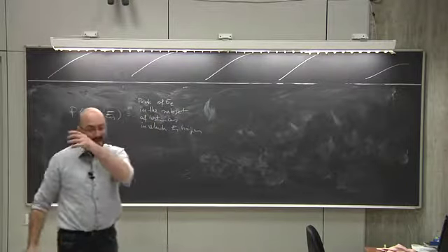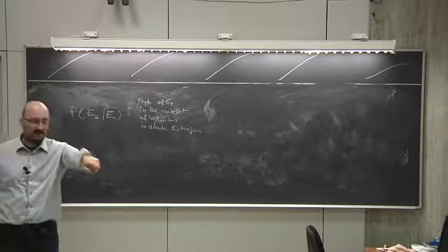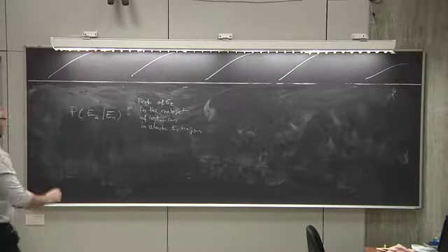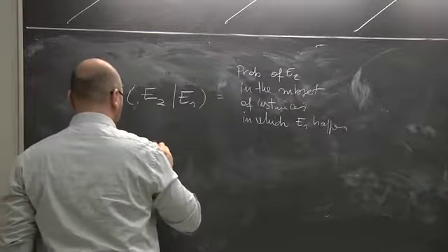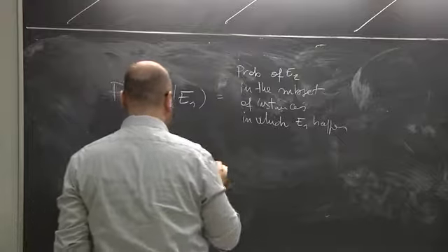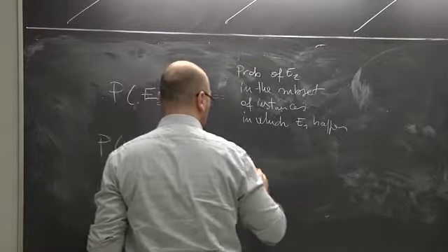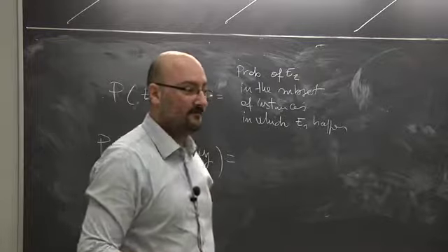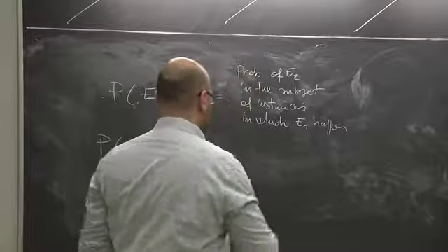There are 8 guys out of you, and only him is wearing glasses. So the probability that he wears glasses, given that he is a guy, is what? 1 over 8.